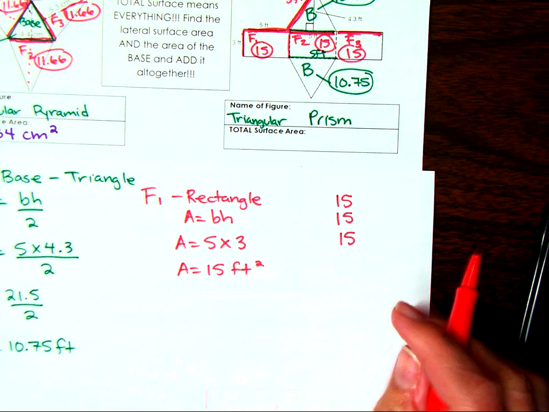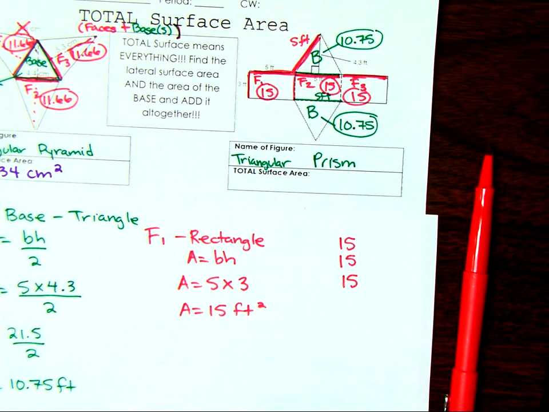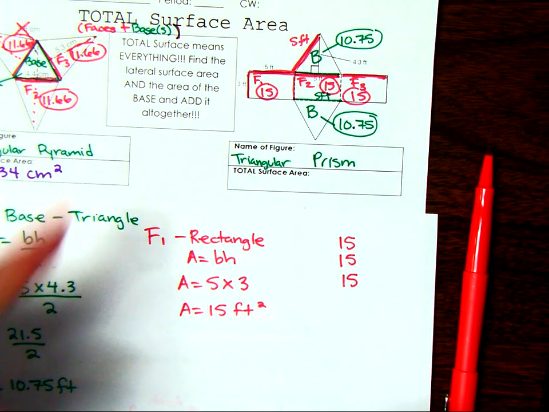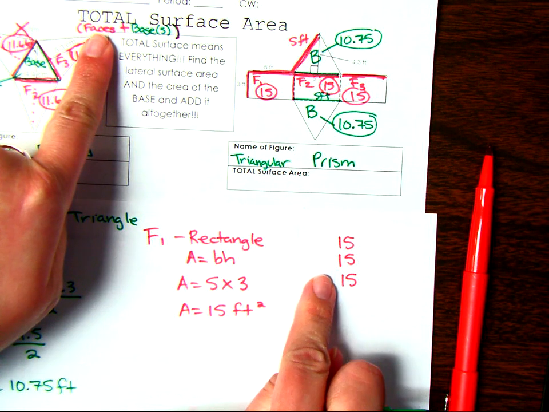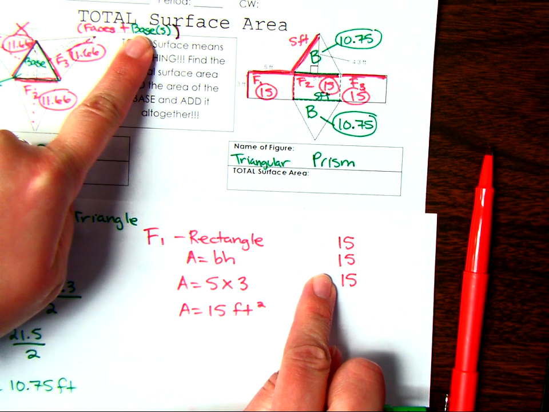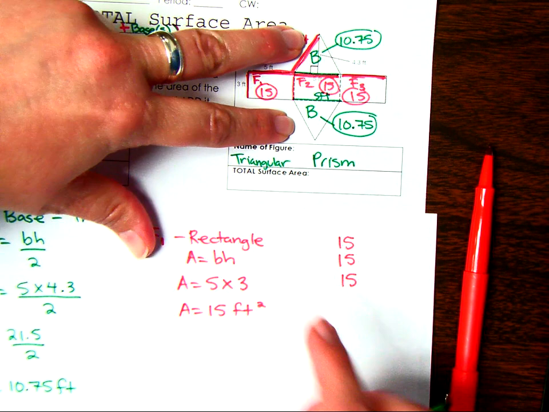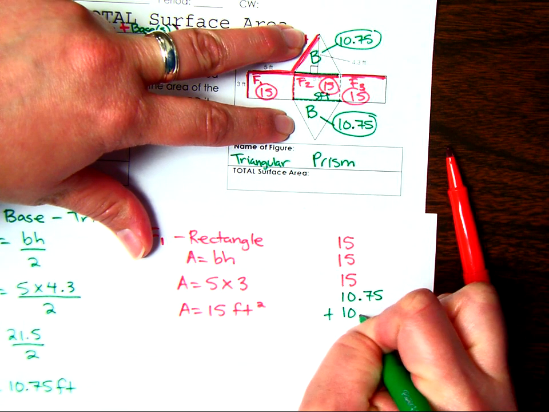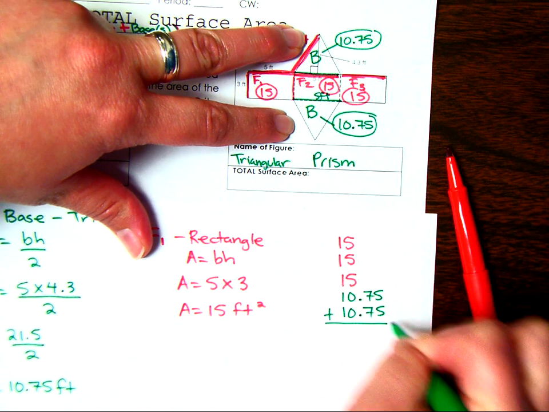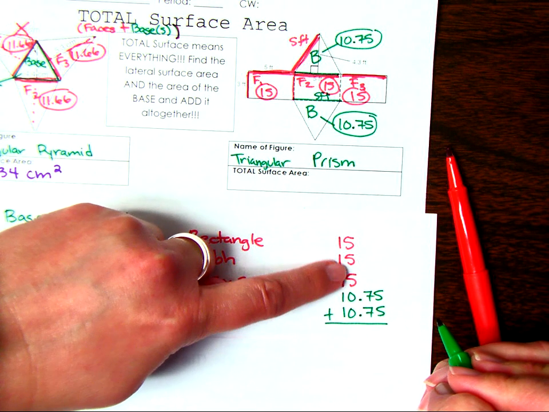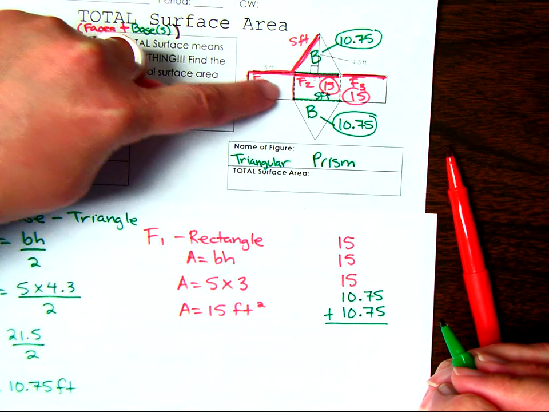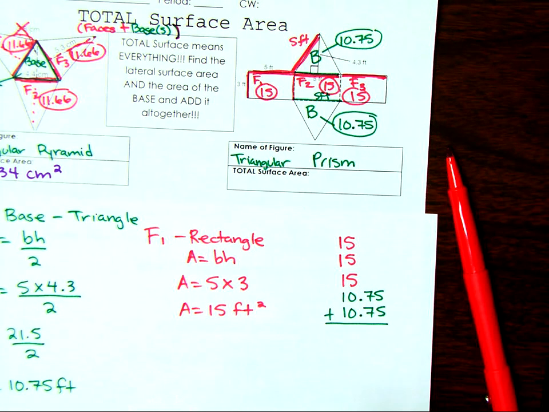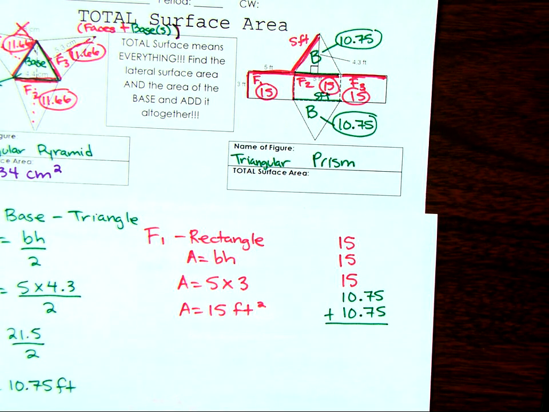If I added just those up, that represents my lateral surface area, but total means the faces and the base, or bases. And a prism has 2 bases, so I'm going to say 10 75/100 plus 10 75/100. Again, that makes sense. 1, 2, 3, 4, 5 numbers. 1, 2, 3, 4, 5 shapes.